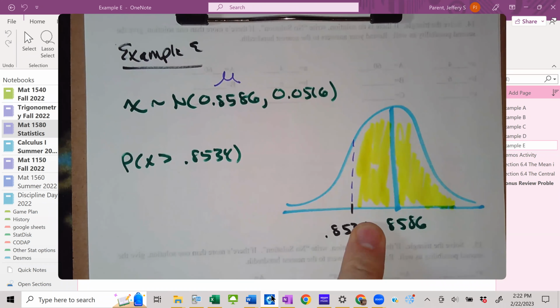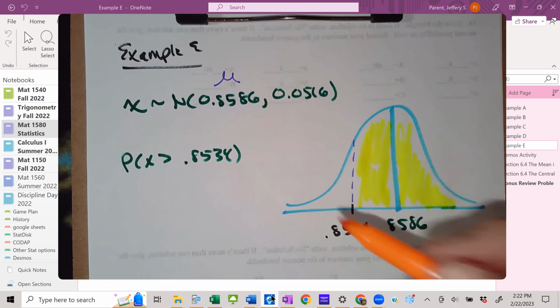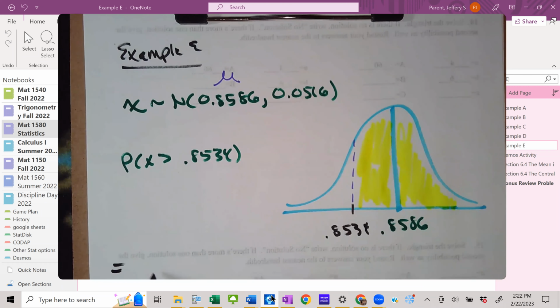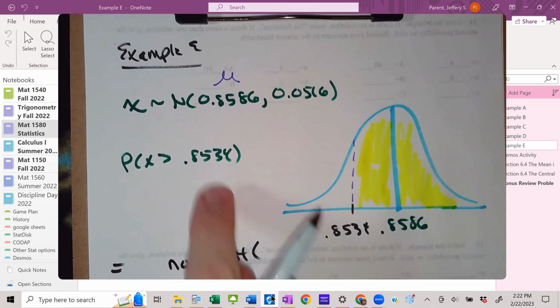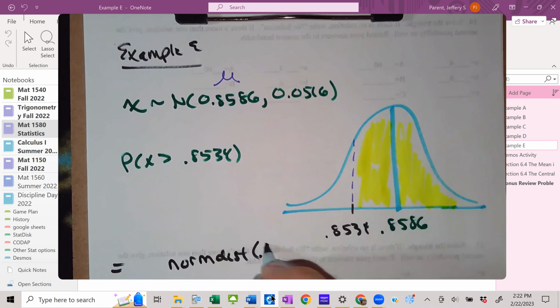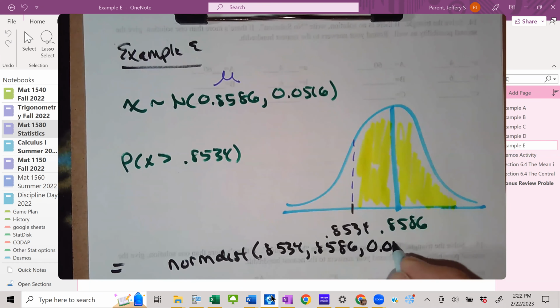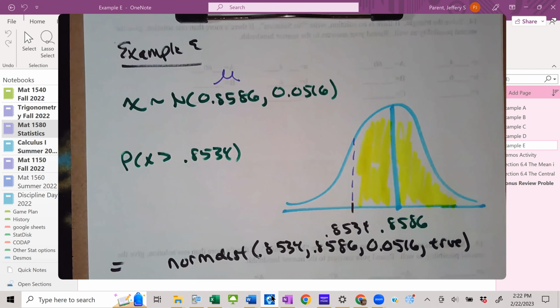Am I going to use norm distribution or norm inverse to find this probability? Distribution. So if I did norm distribution of 0.8534 with a mean of 0.8586 and a standard deviation of 0.0516 and true, that's okay.